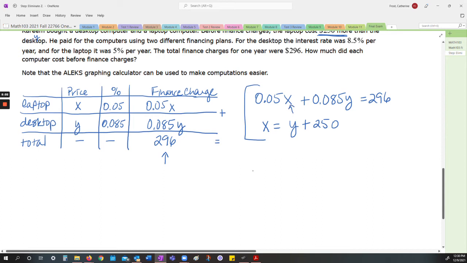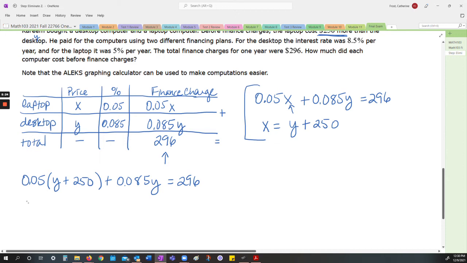And so we can get the equation 0.05 times the quantity y plus 250, plus 0.085y equals 296. And so now we can solve this to figure out our y, and then go back and plug in to get our x.